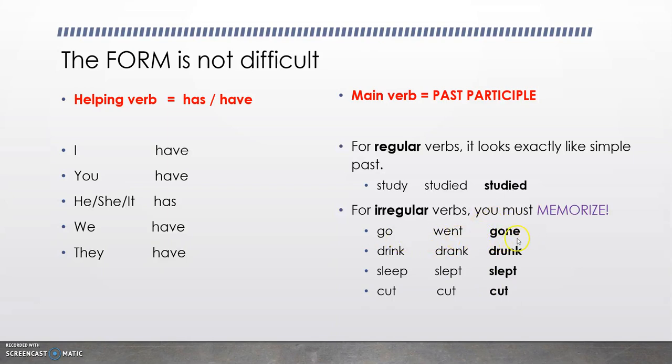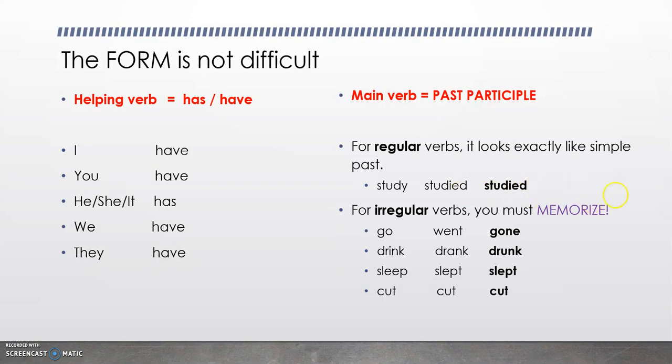Okay, gone is the past participle. That's the one that we must use for present perfect. So let's go back up to the top. If you're using a regular verb, your past participle looks exactly like simple past. So an example would be the verb study. Studied is simple past, and studied is also past participle.